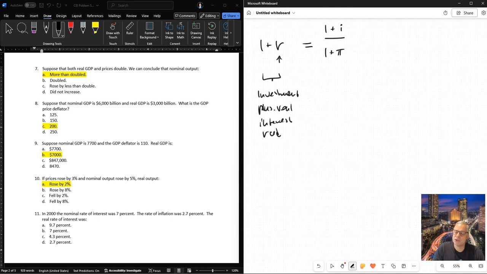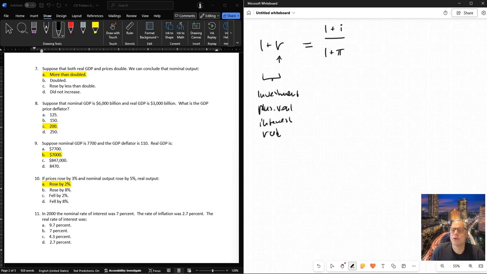Pi is a flow, the rate of inflation, but 1 plus pi is a price index. 1 plus I is a stock, your investment plus the nominal interest, and I is a flow. 1 plus R is a stock, and R, the real interest rate, is a flow.